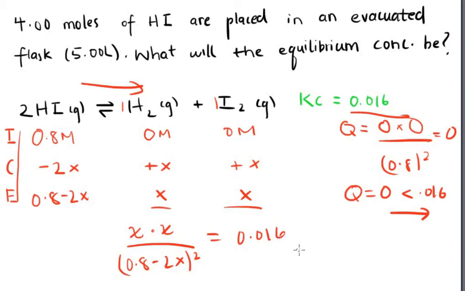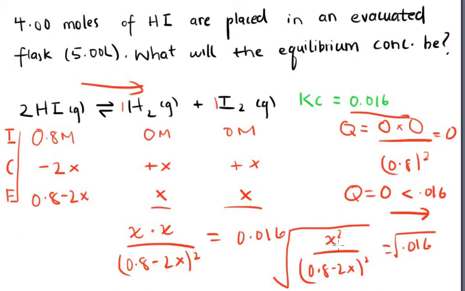This is sort of a tedious way to do it, but we need to be able to find it. But we have squared on both the numerator and denominator, right? So we have x squared divided by 0.8 minus 2x whole squared. So the smart thing to do is to square root both sides.